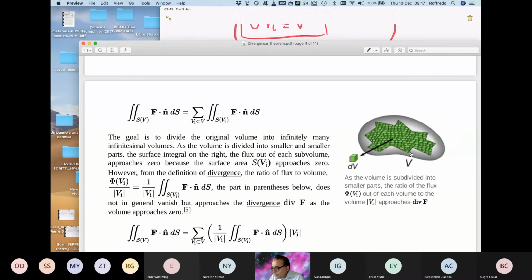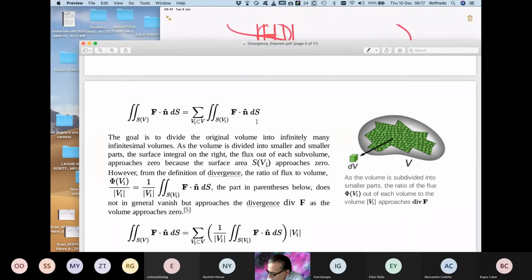However, we can prove that making the volume smaller and smaller, okay, the error in estimating this surface integral, replacing it with the boundaries of the partitioning volumes, becomes smaller and smaller. Actually, surface integrals are defined in this way.